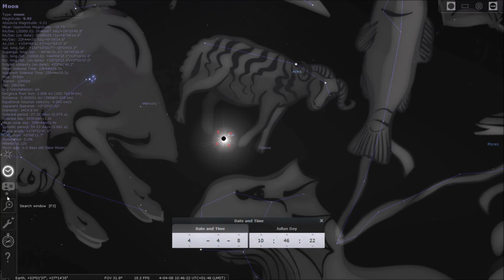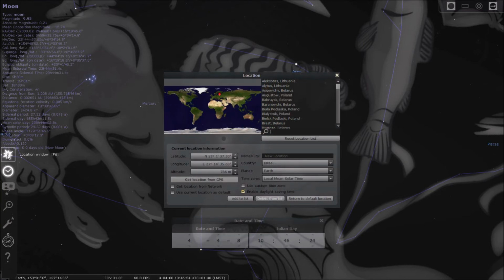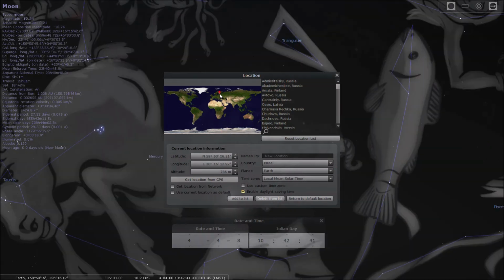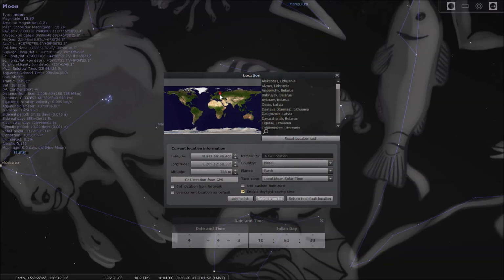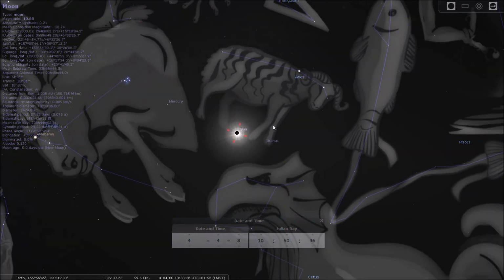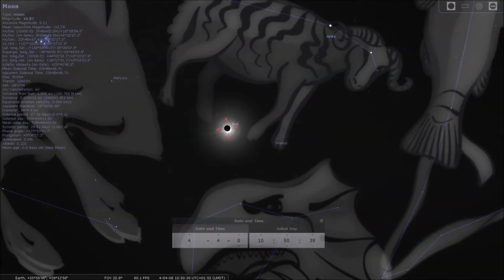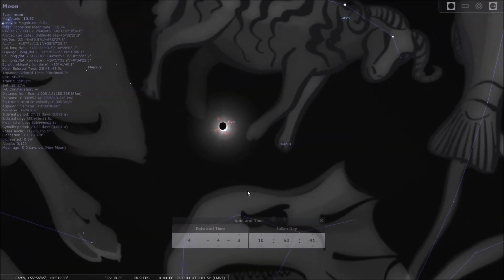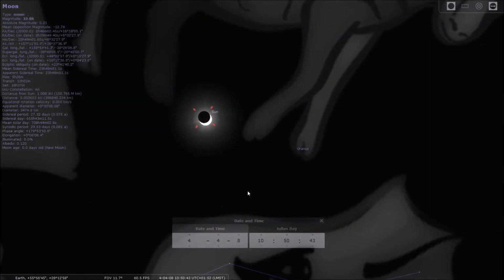But yeah, you can see what's going on. Almost in the Netherlands. It's kind of difficult to find the exact location. But very clearly, somewhere up there was an eclipse.